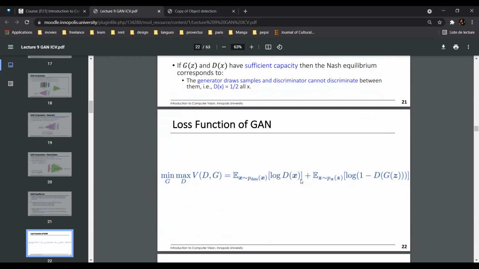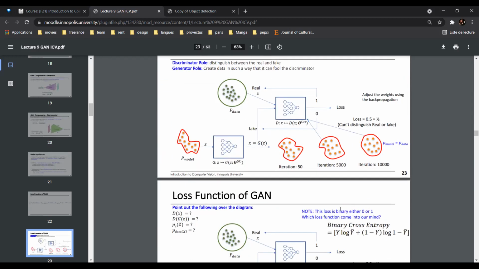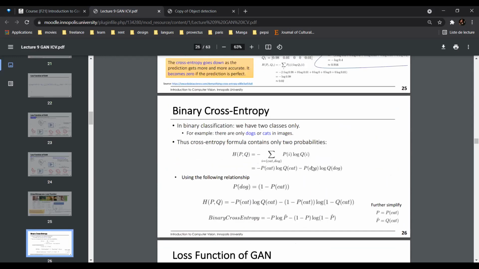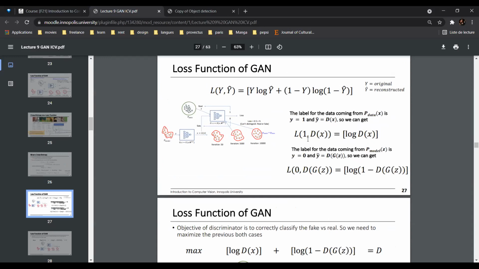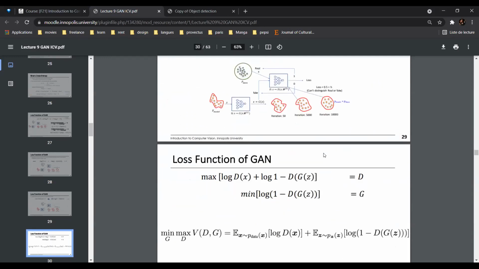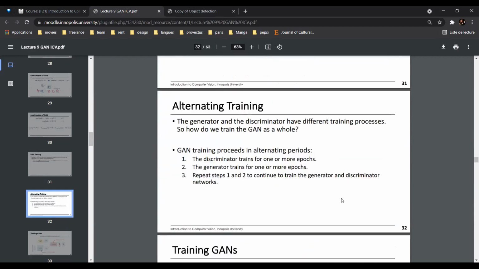So D of x is the discriminator over real images, and D of G of z is, of course, the discriminator over the fake images. The goal of the generator is to fool the discriminator and generate images that look as realistic as possible.